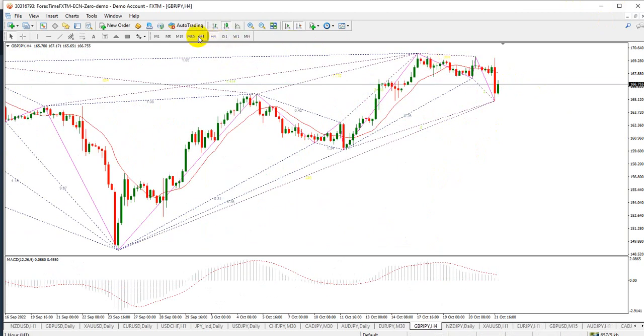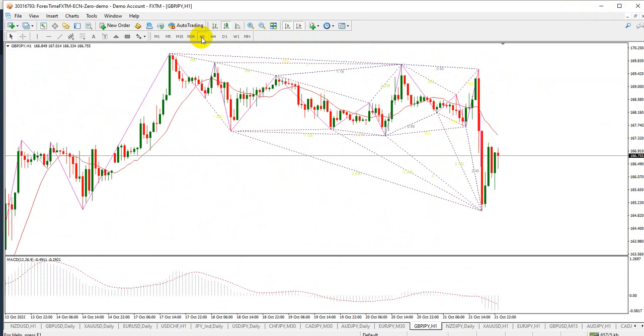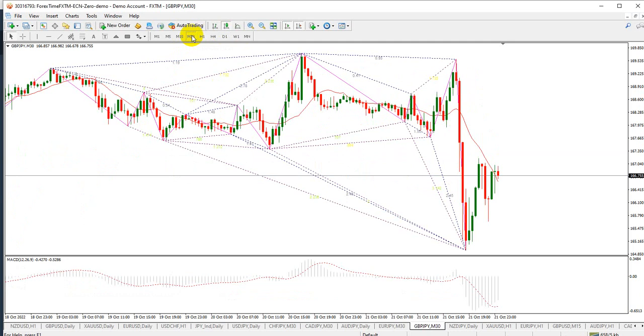This is H4. I need to look at a nice setup. So you can look at H4 and then M30, since JPYs are trying to make a correction and continue to go. So on M30, we could look for a nice setup.